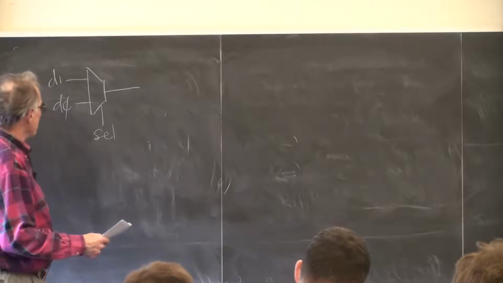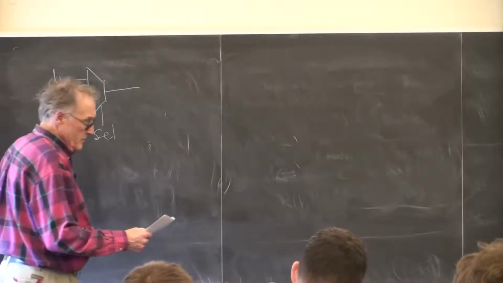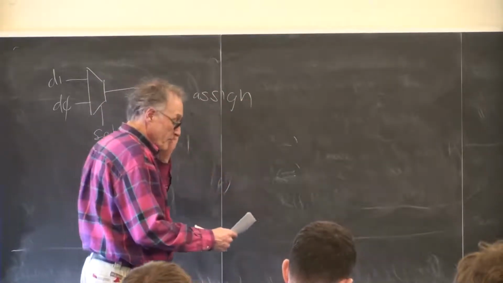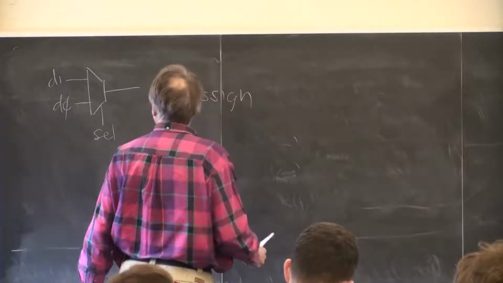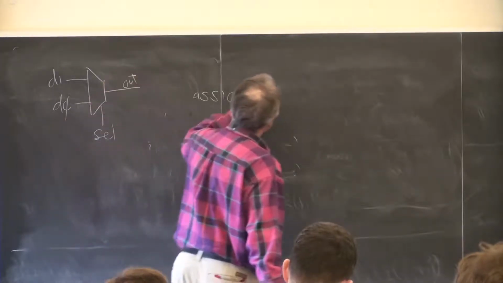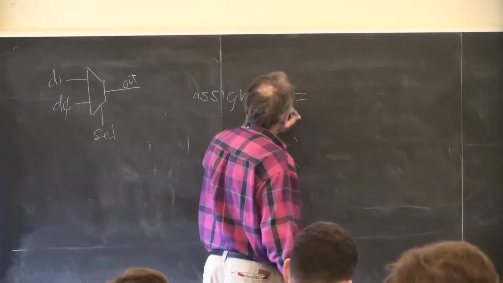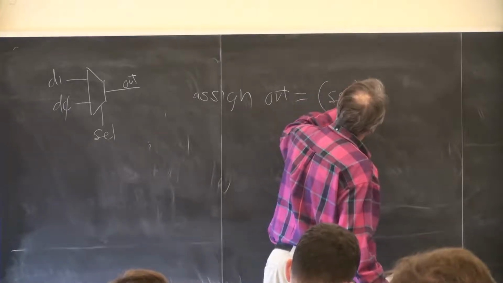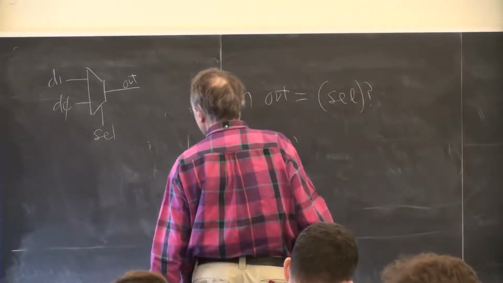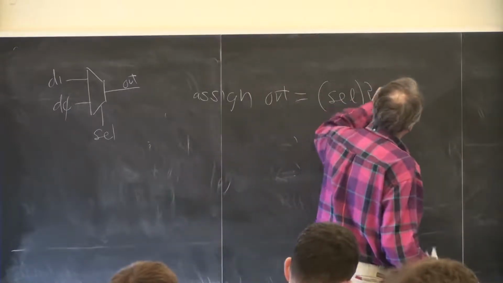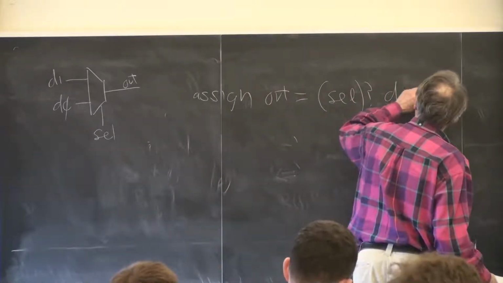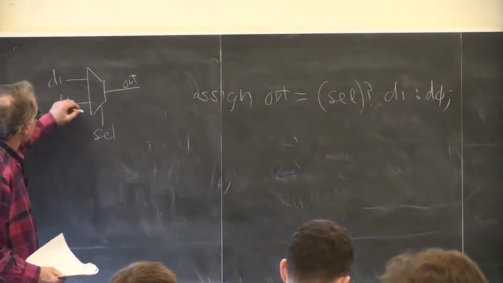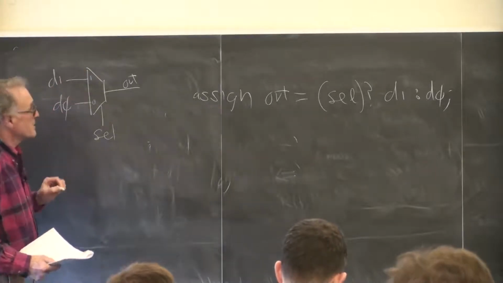One way to build this would be to say assign, we'll call this out, assign out equal to parentheses select question mark D1 colon D0, where this is the 1 input and this is the 0 input.